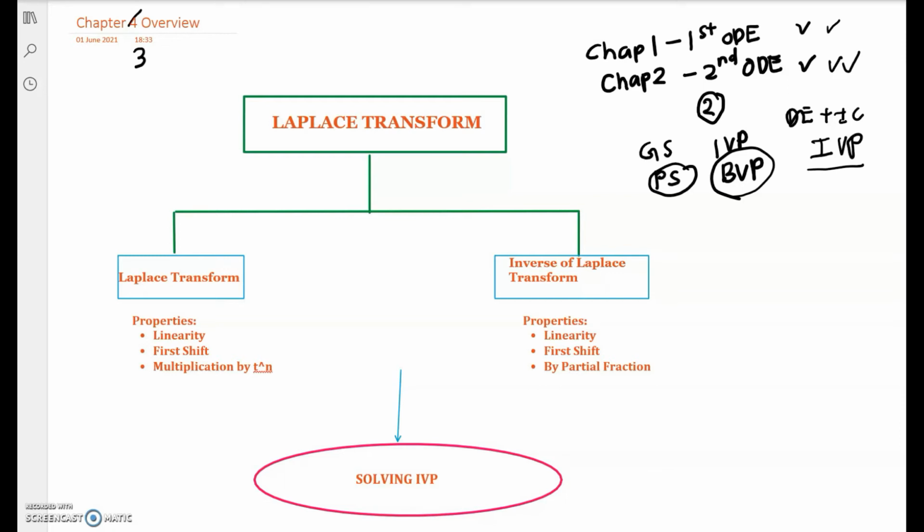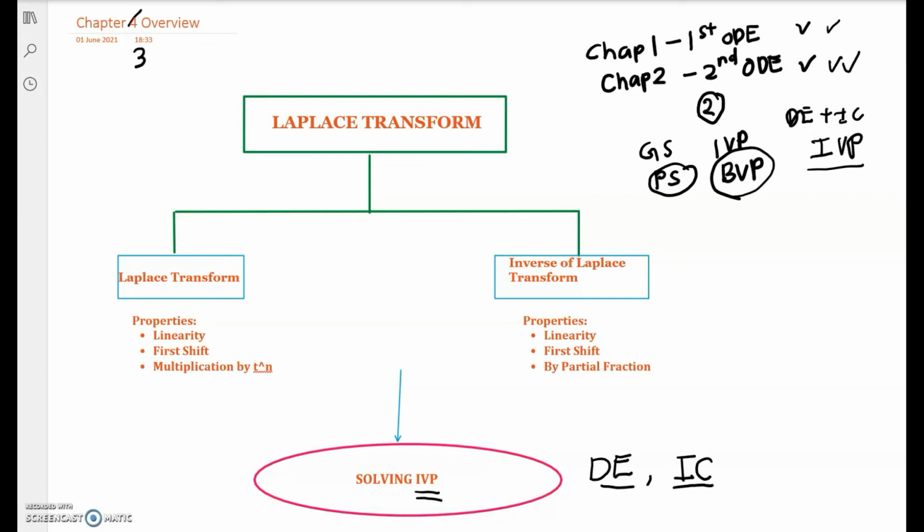The same thing applies in the Laplace transform. At the end of this topic, we want to solve initial value problems. When we talk about initial value problems, we must be given a differential equation together with initial conditions.